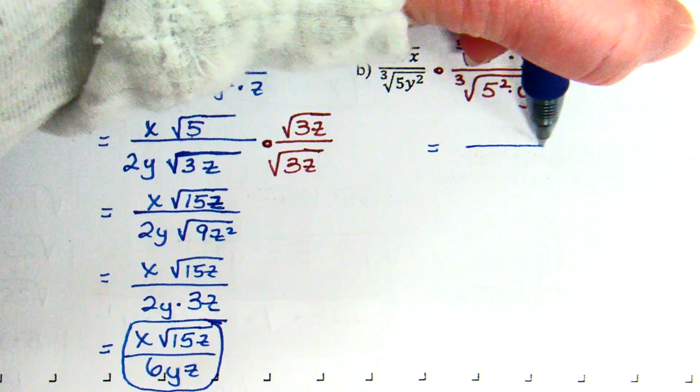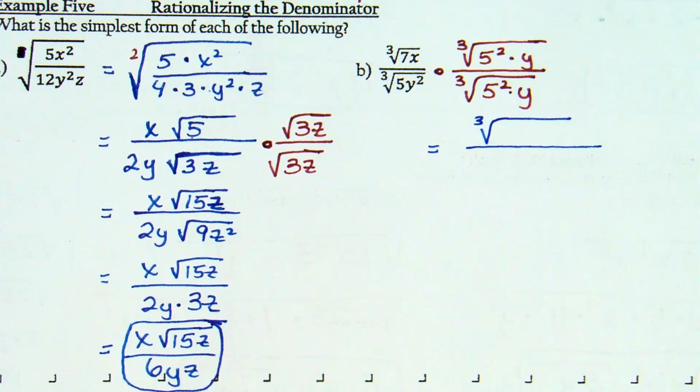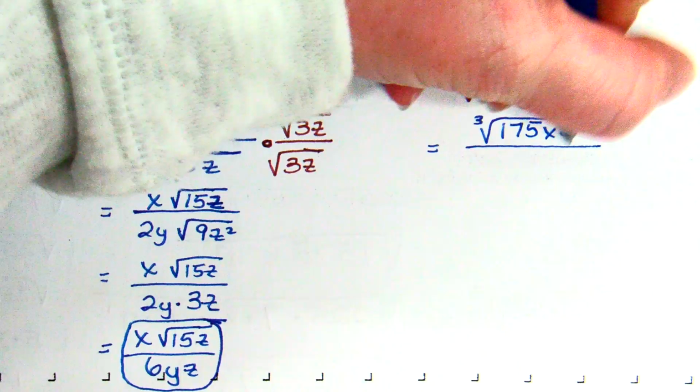Multiply for me. On top, cube root times cube root, there's nothing outside. 7 times 5 squared is what? 7 times 25 is 175, and then what variables do I have? X, Y. Denominator.